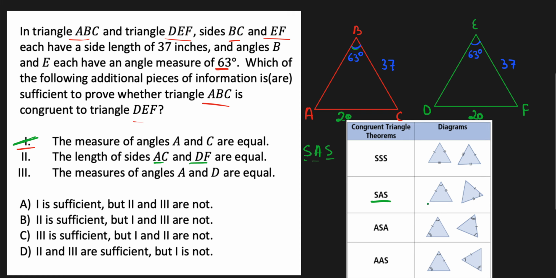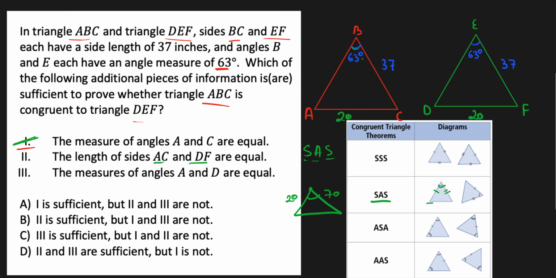Let's look at these images right here. We have two sides and our angle must be in between those sides. So in order for the side angle side theorem to be true, our angle must be placed in between our sides. Let me draw a small triangle. Basically, let's say this is our angle. Then we must have these sides. Only in this case it will be true.